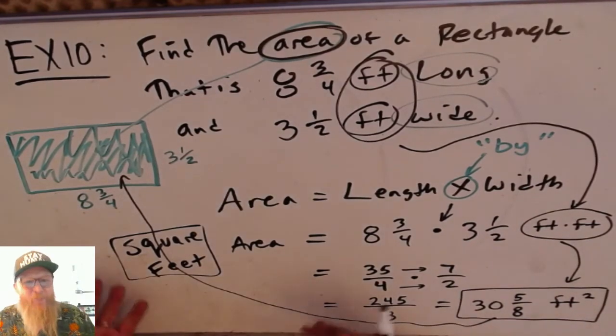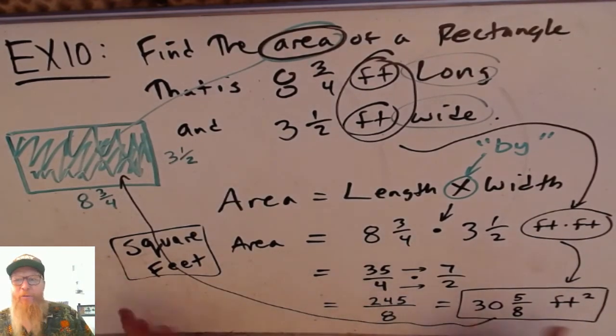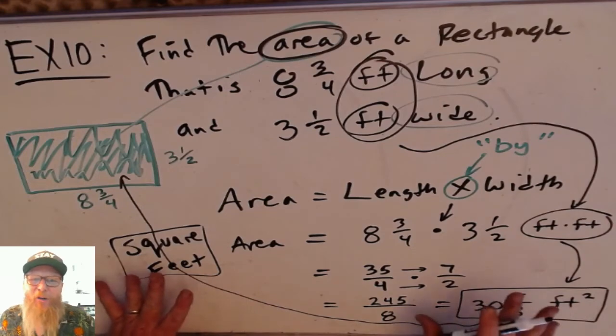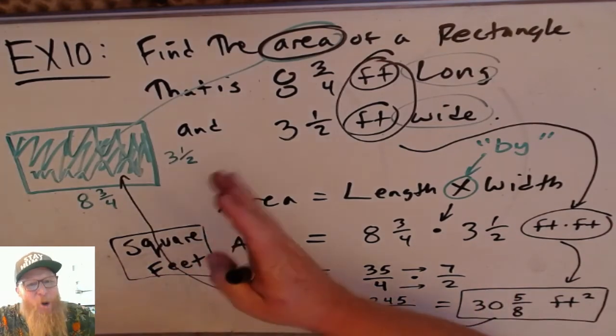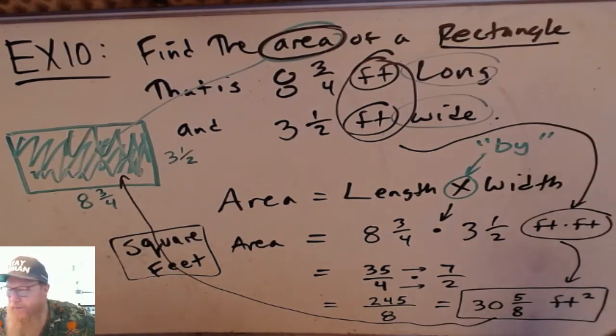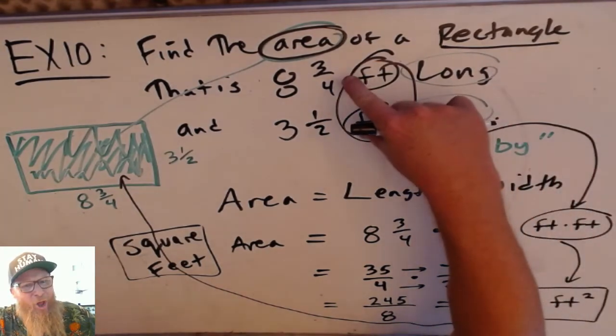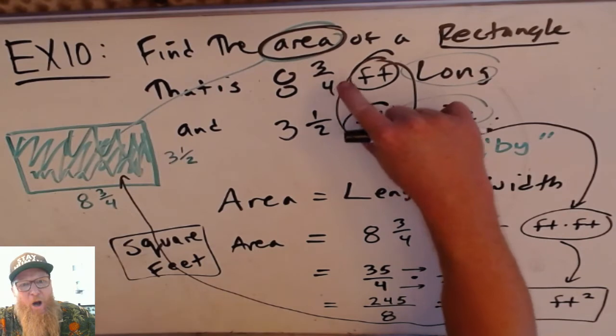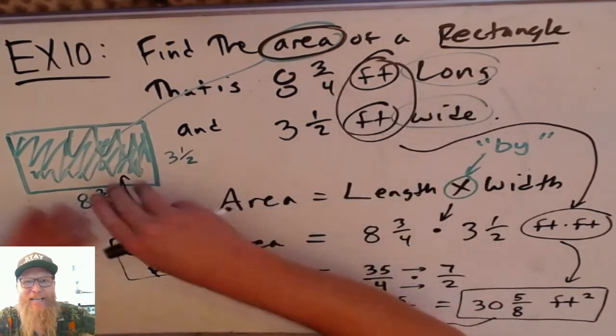Why does it have to be square feet? Well, we'll get more into that later, but it's really for common sense purposes. If you go to Home Depot, suppose this rectangle is your bathroom or something. It's probably more like a small walk-in closet, kind of skinny and long.